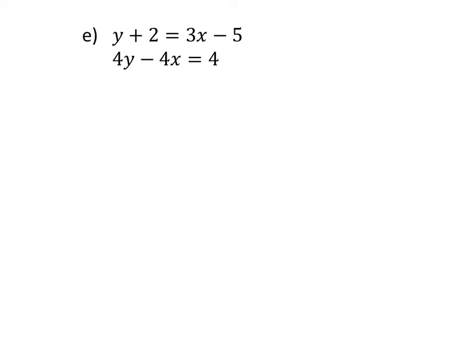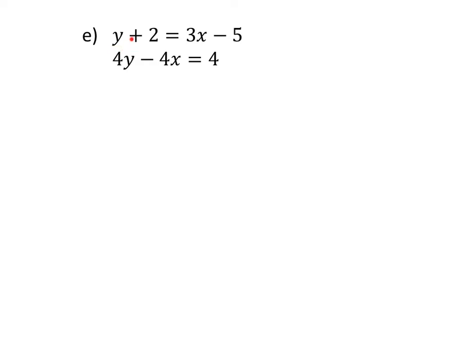Letter E. So this time, we do not have equations that are solved for either x or y. So I'm going to take a look at these two equations and figure out which one I want to solve for a variable. If you look at this second equation, we have 4y minus 4x equals 4. Now, they both have a 4, a coefficient in front of it, so not only would I have to move one of them to the other side, but I'd then have to divide to get x or y by itself.